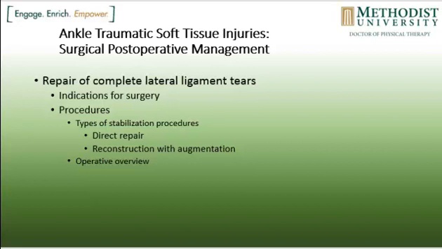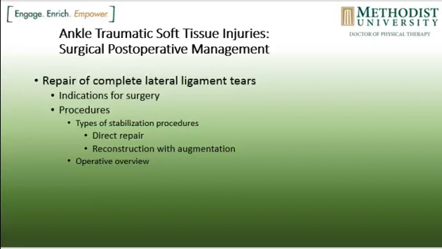So there's two types of repair procedures. One is a direct repair where they can repair either the mid-substance or re-anchor an avulsed ligament to the bone. Reconstruction with augmentation occurs when they reconstruct the ligament and then augment it with either an autograft or an allograft.